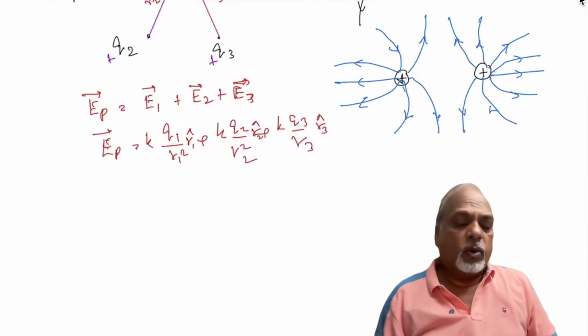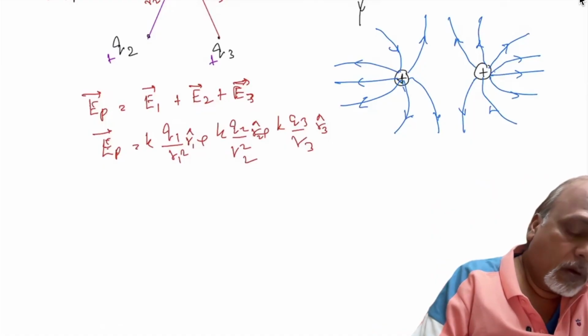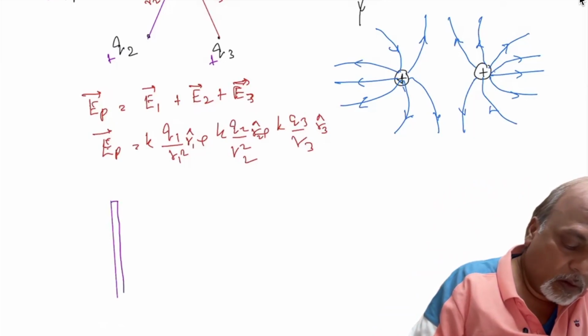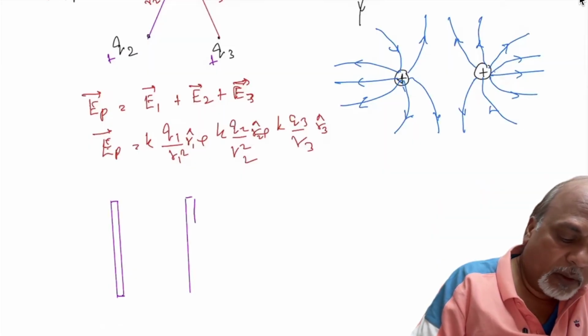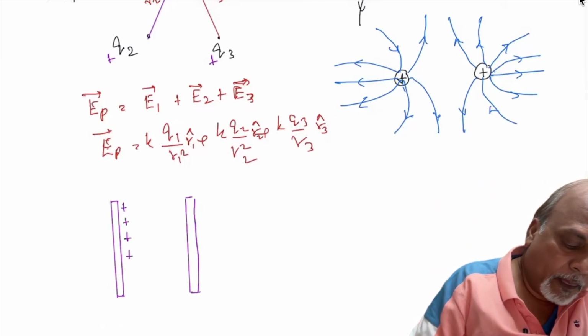Now, suppose you have parallel plates. These are metallic parallel plates. Here you have positive charge. Here you have negative charge.